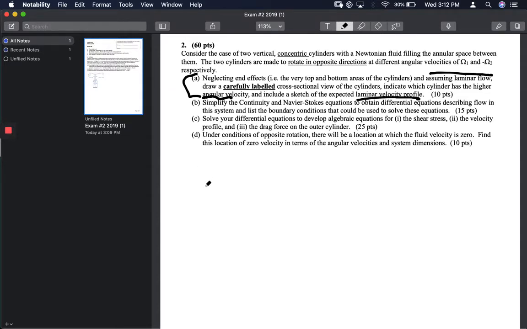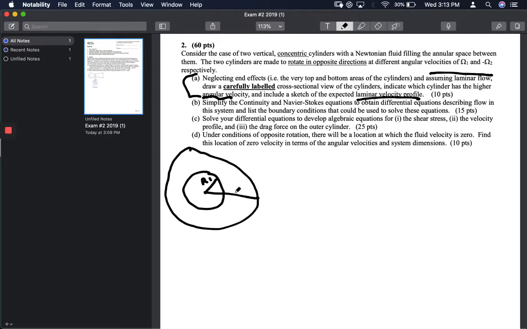So I'm going to do a top-down view here. So here's our inner cylinder and the outer cylinder. A little bit lopsided, but no worries there. So this will be our inner radius, R1, and we're going to label our outer radius as R2.